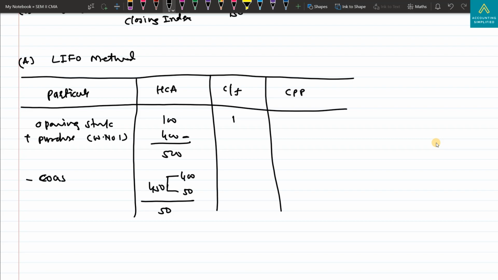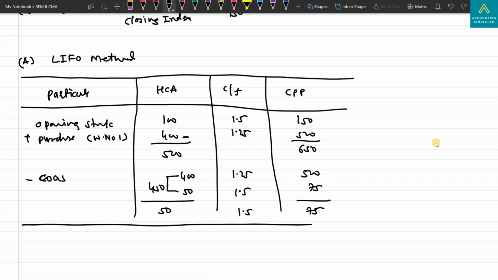Opening stock index is 1.5, this is 1.25. 400 is from current purchase, so it is 1.25, and this is 1.5, and closing stock 1.5. If you multiply all this, this is 150, then 500, total comes 650, and this is 500, 75 and 75, right?